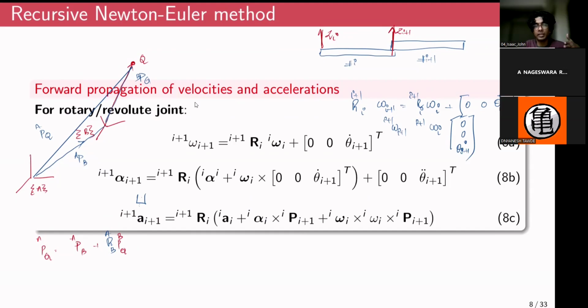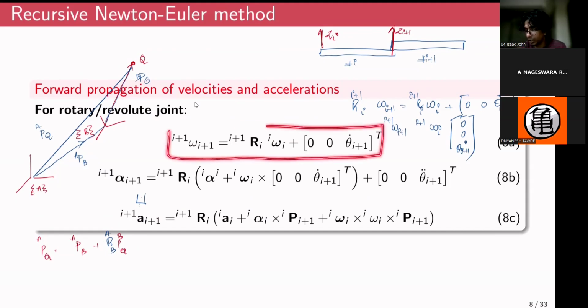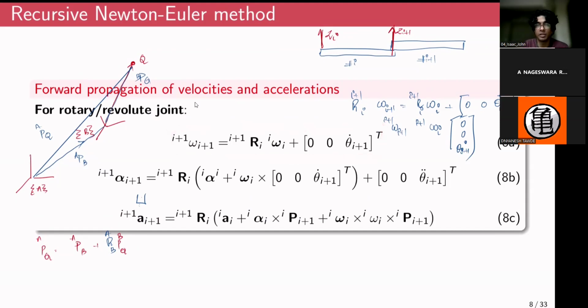And as we propagate from the ground all the way to the end effector, we can recursively find out the angular velocities of the subsequent links. And in a similar manner, if you take the derivative of this expression, you will get the recursive equations for angular acceleration.